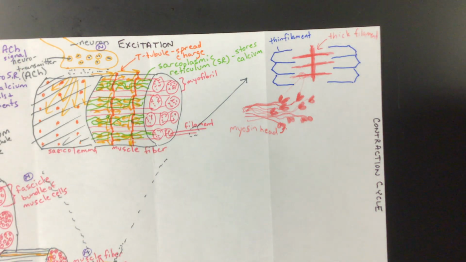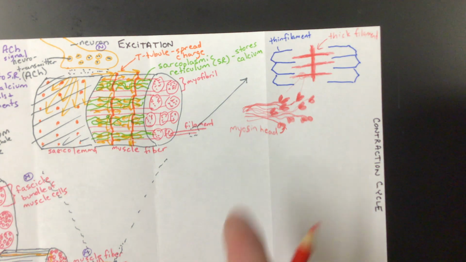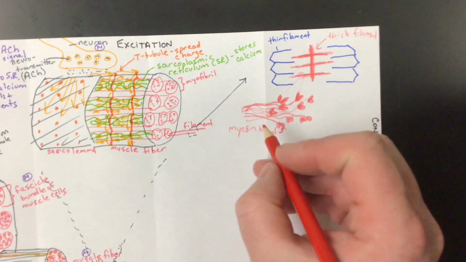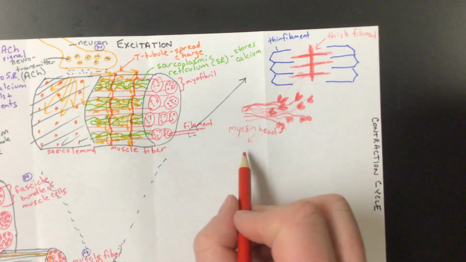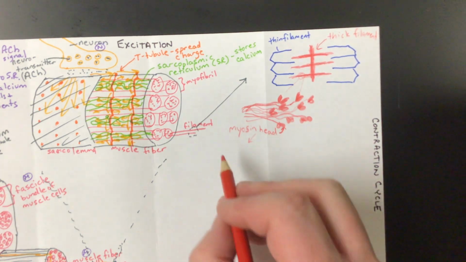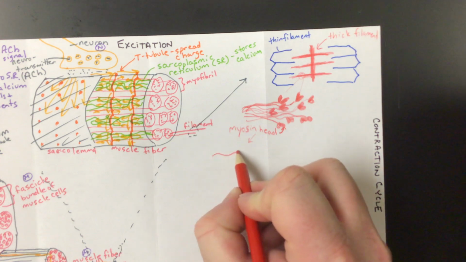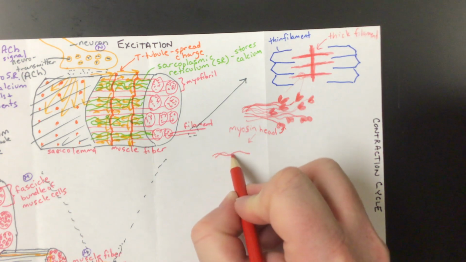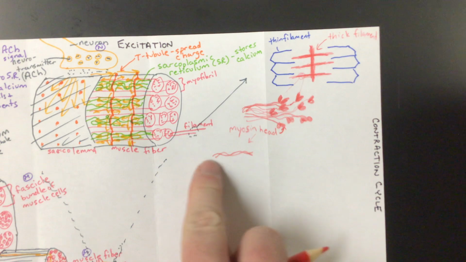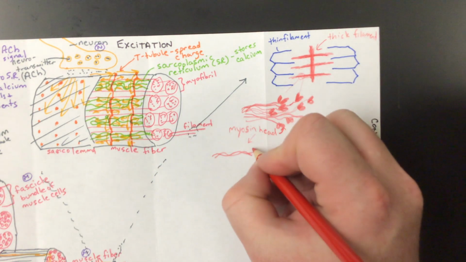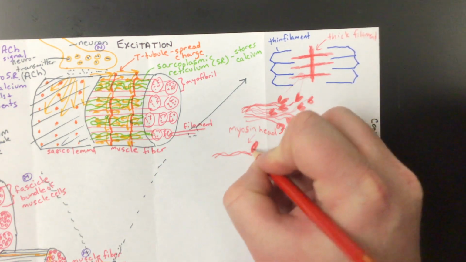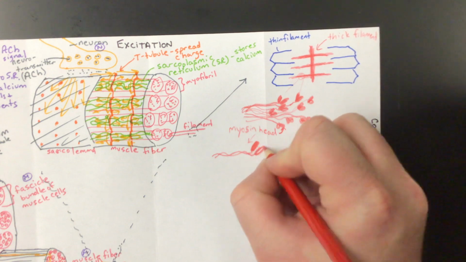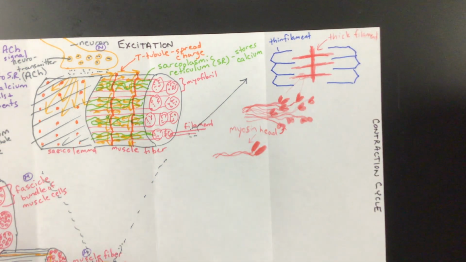So you've got all of these myosin heads. If we then blow up one of these right here so we could see it a little bit better, we've got these two kind of long parts of myosin, and then the myosin heads.